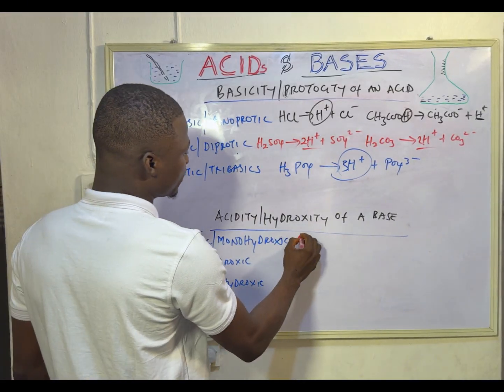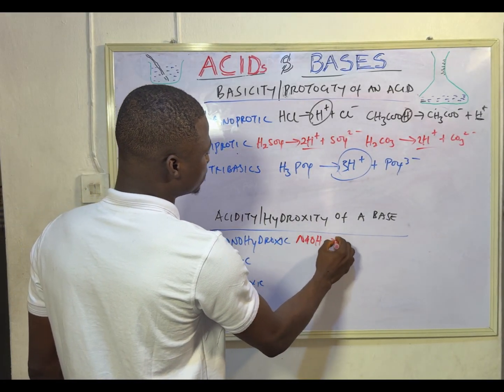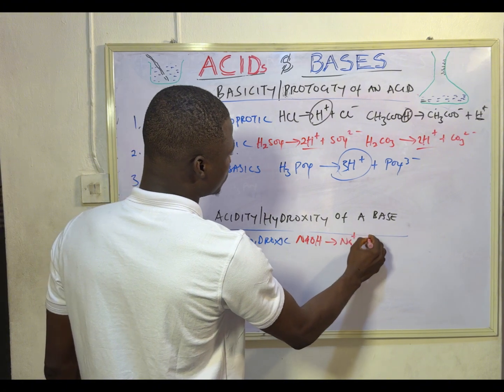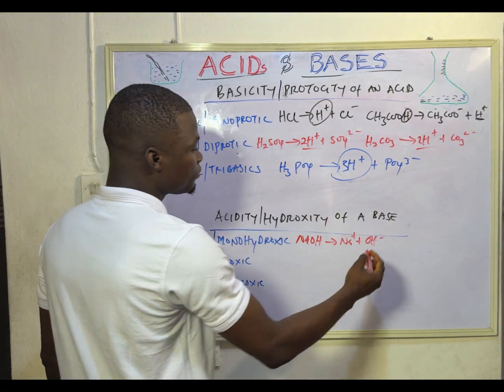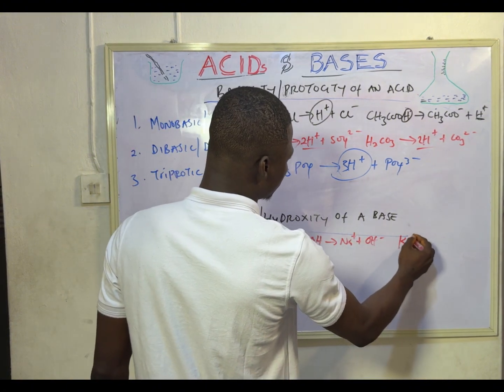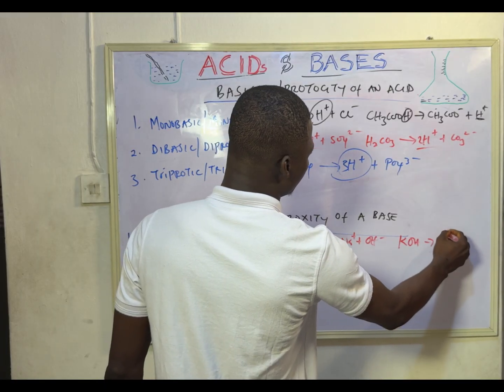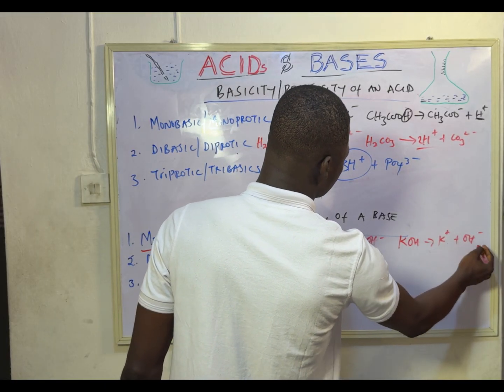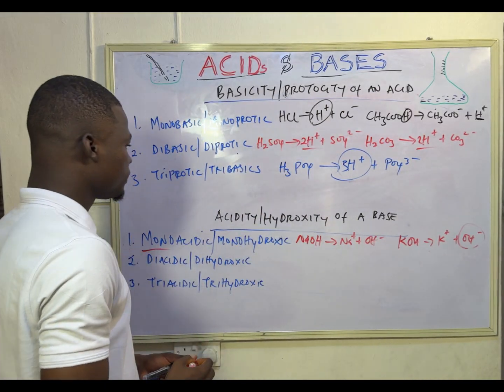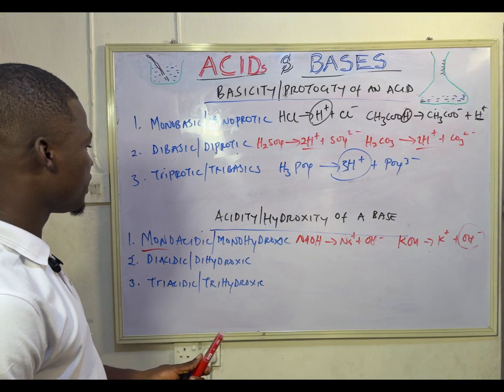A typical example is sodium hydroxide: Na plus plus OH minus. Potassium hydroxide: K plus plus OH minus. So they are releasing only one hydroxide ion in water.